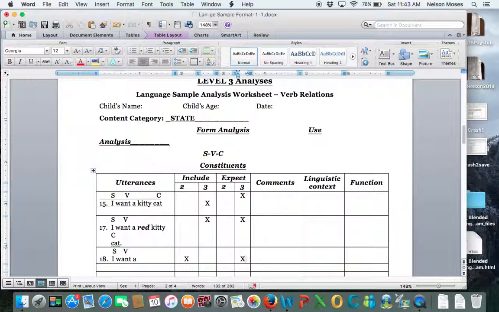Keep in mind, I require that you mark SVC on the analysis sheet, not on the transcription sheet alone. If I do not see an SVC when I review your projects, I will consider that project unacceptable and incomplete.